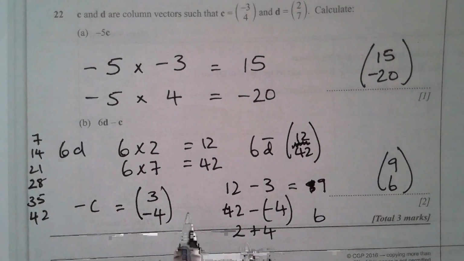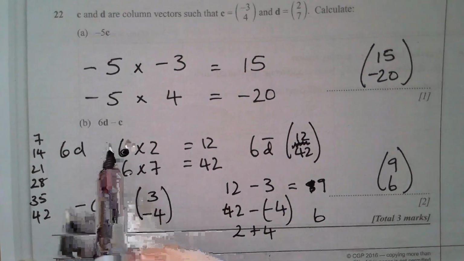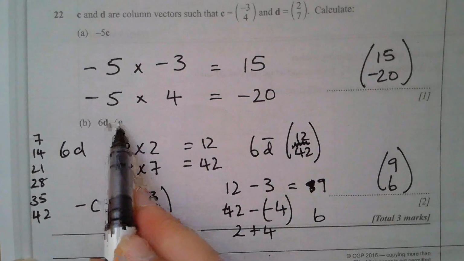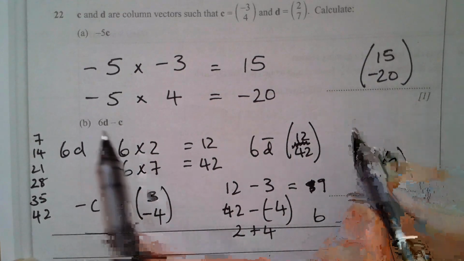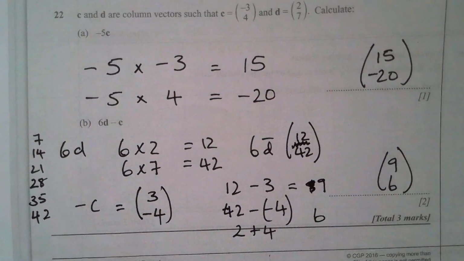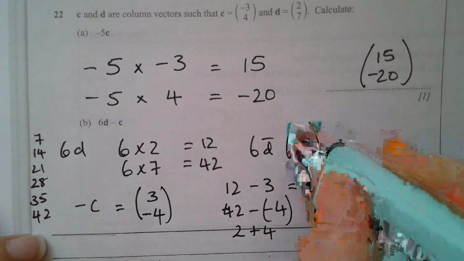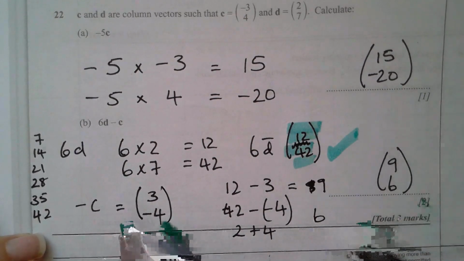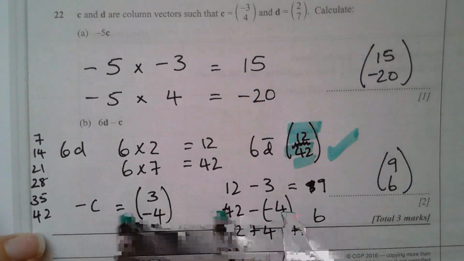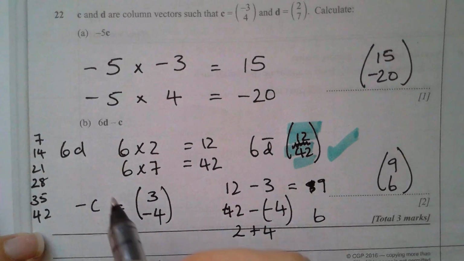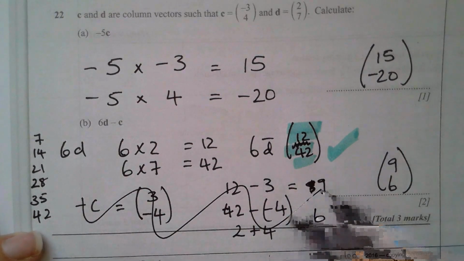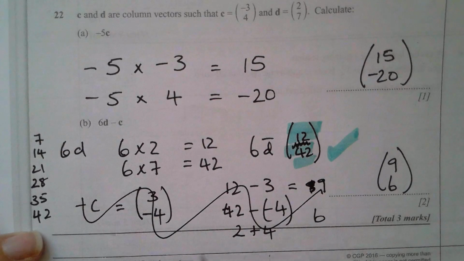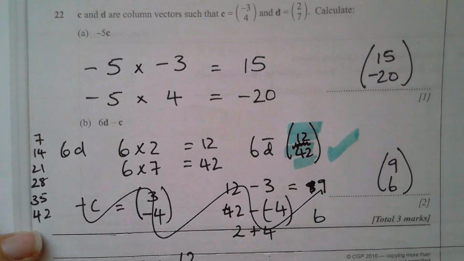I know what I've done. I have subtracted twice, or I've subtracted a negative. So here, my 6D is correct. So this here is correct. But what I've then done is found negative C and I've subtracted it. So I'm just going to cross off this. And I'm going to write my 6D, which is 1242.